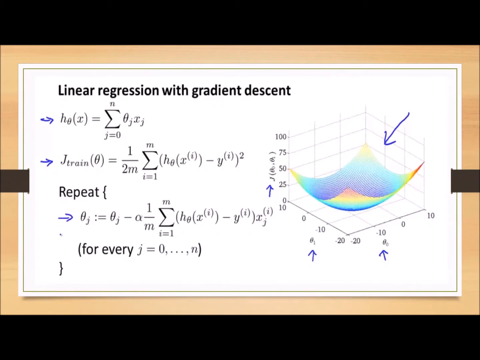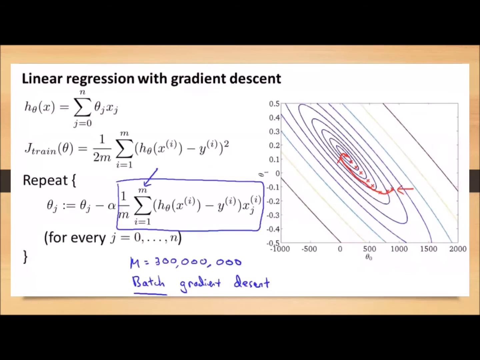We have already discussed this in linear regression. Now assume we have some 30 crore training samples. For each training sample we have to find h of x and subtract it from the output y, which gives the error.